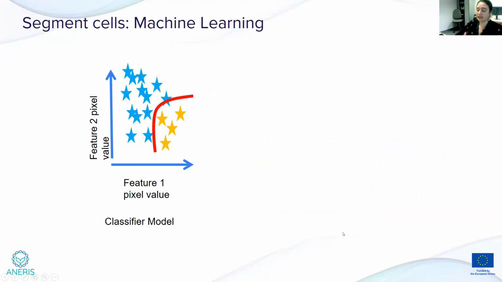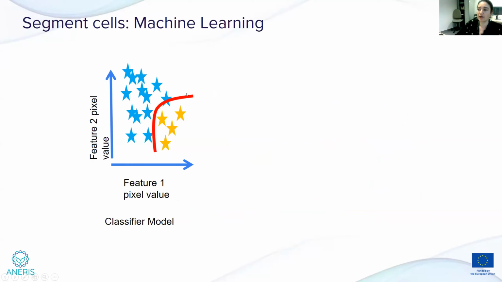And now comes the real learning, and the learning is basically constructing what's called a classifier. The classifier is basically finding the domain separation in this hyperdimensional space, such that your example pixels of background and of the object of interest are separated.